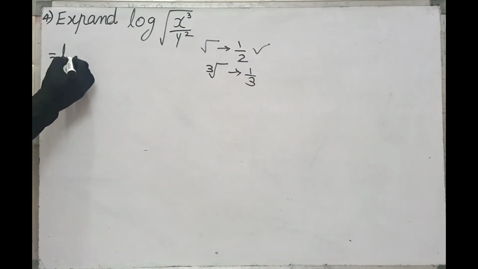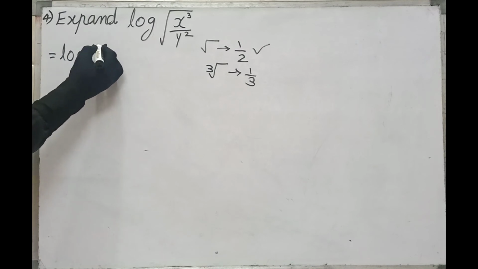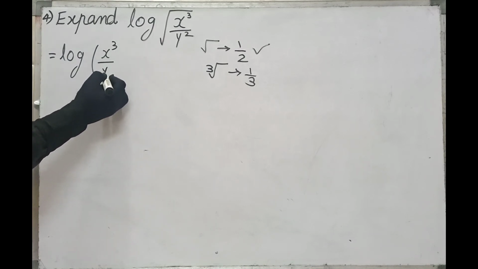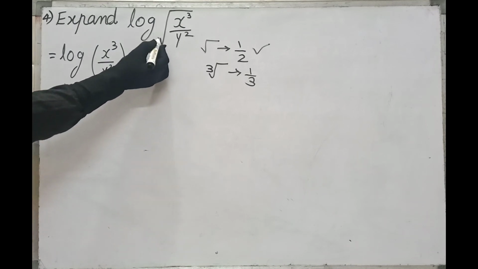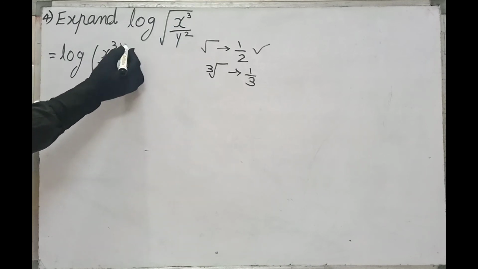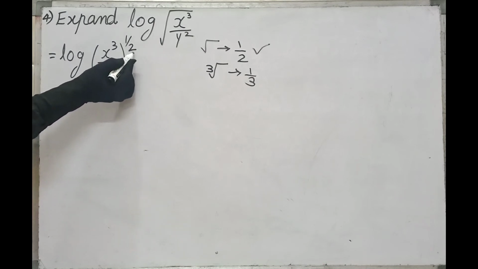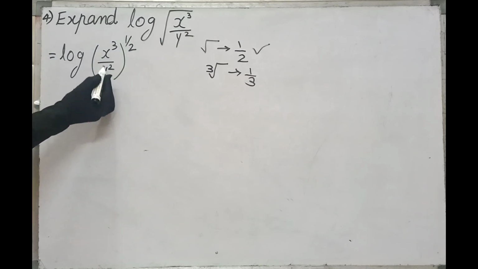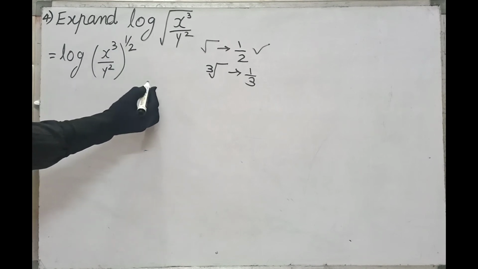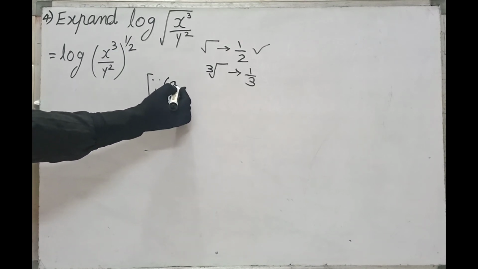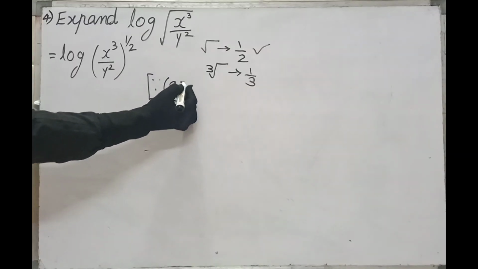So we will use this and write it in exponential form first. So it is equal to log, whatever is there, we write in bracket first, x cube by y square. This whole root is there, so we are writing the whole root over here. It is changing to 1 by 2 in exponential form. Now this is of the form what? Which law of indices is used here? It is a by b whole power m.